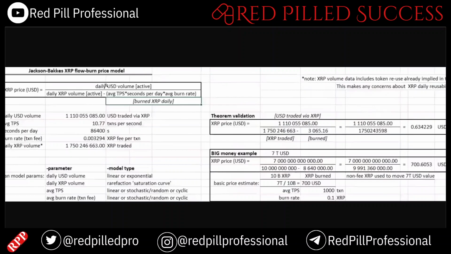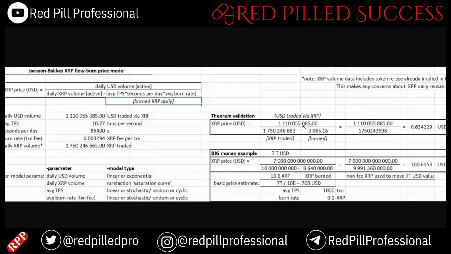And in this pricing model, the XRP price is equal to the volume on a day, and you subtract out the amount of XRP that is burned each day. So it's a pretty straightforward calculation.